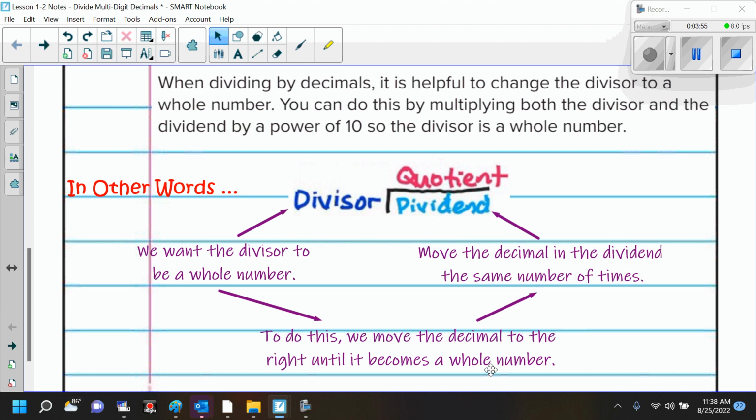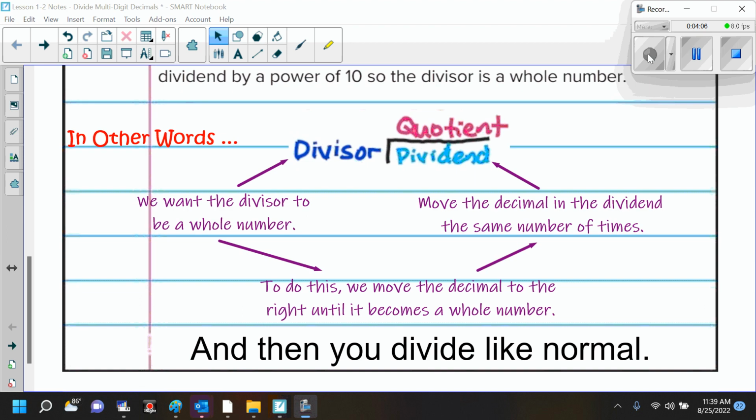And then after we do that, because we moved the divisor, we also need to move the decimal in the dividend the same number of times. And then, once you have all your decimals moved, you divide like normal.